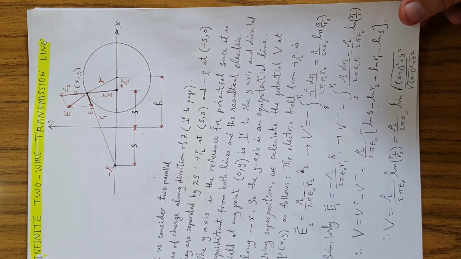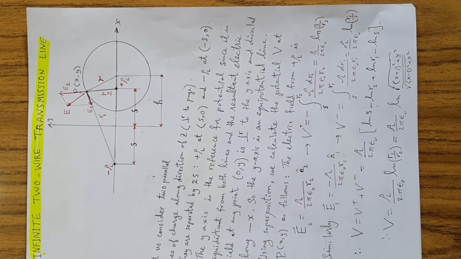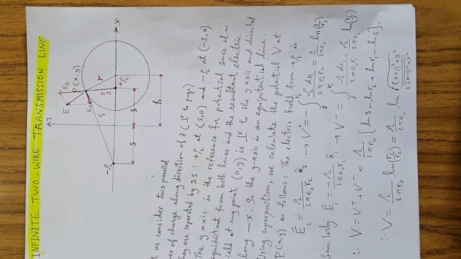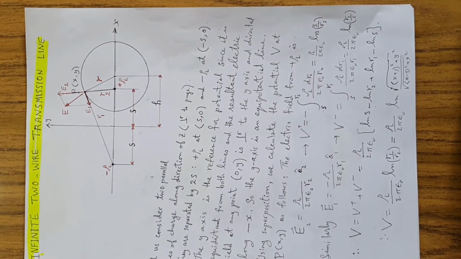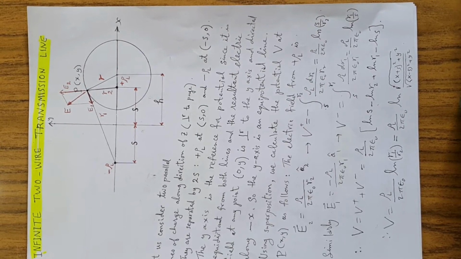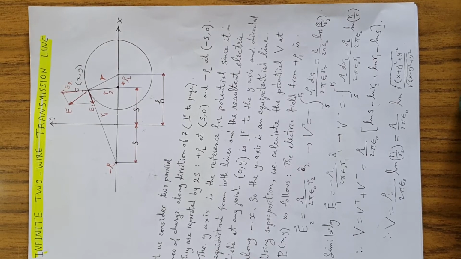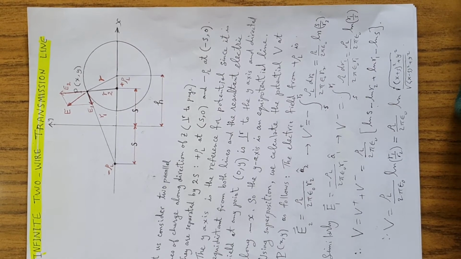Now we take up a more complicated example of the infinite two-wire transmission line. So let us consider two parallel lines of charge along the direction of Z, which is perpendicular to the page here.